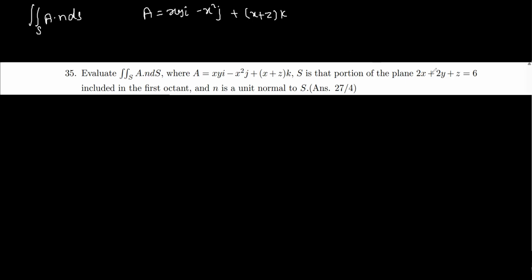Okay, and what is the plane? The plane is 2x plus 2y plus z is equal to 6 in the first octant. Octant: like in 2D there are four quadrants, right? Similarly, in 3D there are octants. Understood?